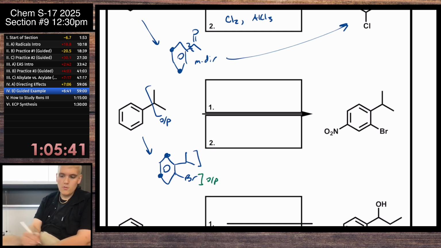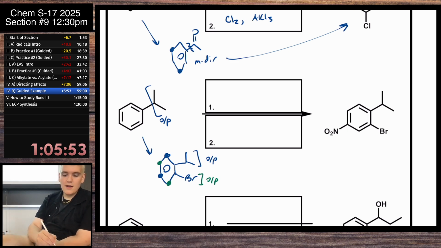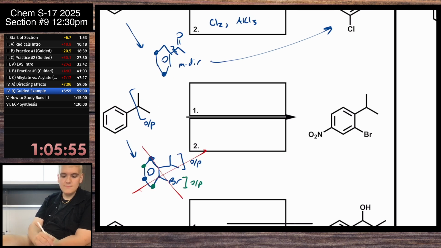So ortho-para to it are going to be this carbon and this carbon. Do you think that we are going to get a majority of one product if we have competing directing effects? No. So because we have competing directing effects, that's not going to be our preferred route.